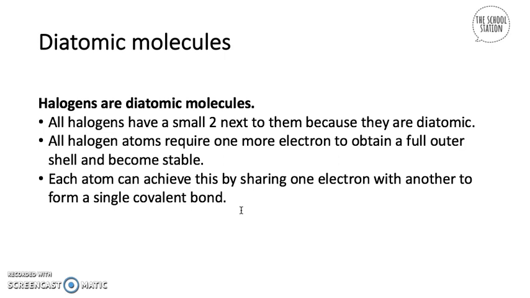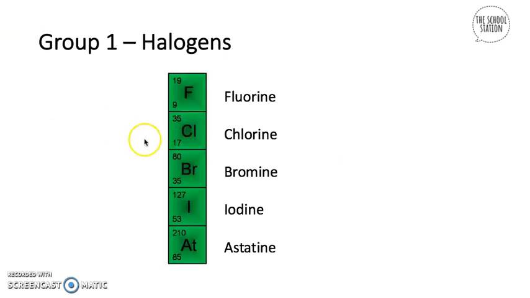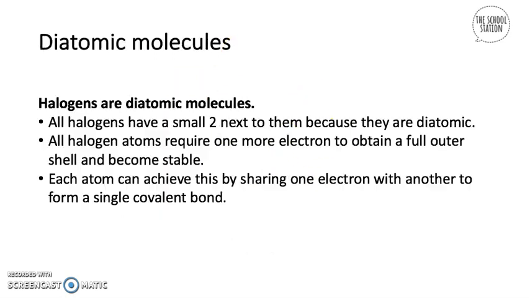For example, fluorine always appears in exam papers as F2, with a small 2 next to it, because halogens are diatomic molecules. This is because all halogen atoms require one more electron to obtain a full outer shell and become stable.